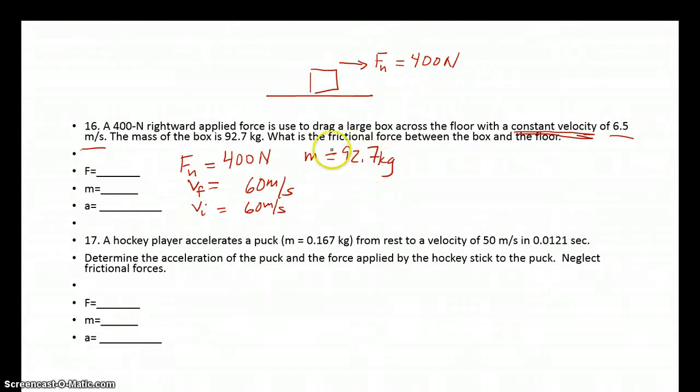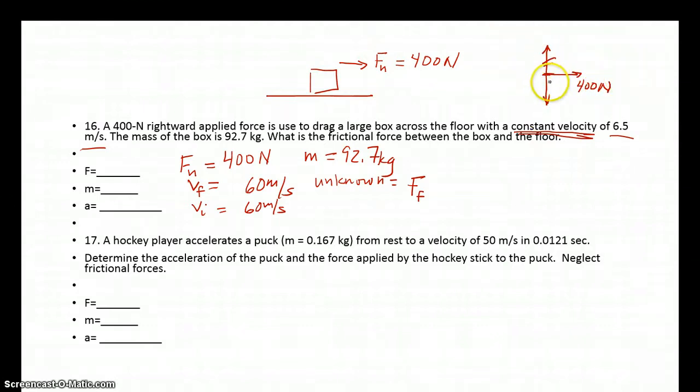All right, so I'm looking for my unknown, which is frictional force. Okay, so I'm looking for Ff. I'm not looking for net. So with that said, let's see if I can work through this. At this point, in terms of my force diagram, I have a force diagram that should look like this, and I have 400 newtons going to the right.